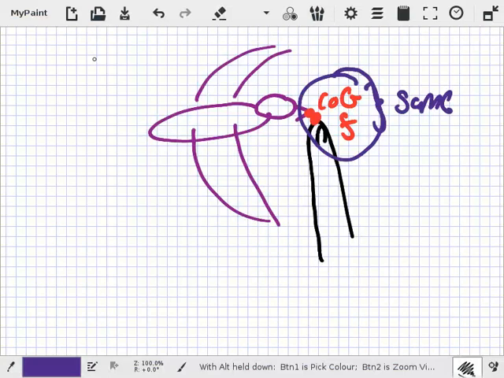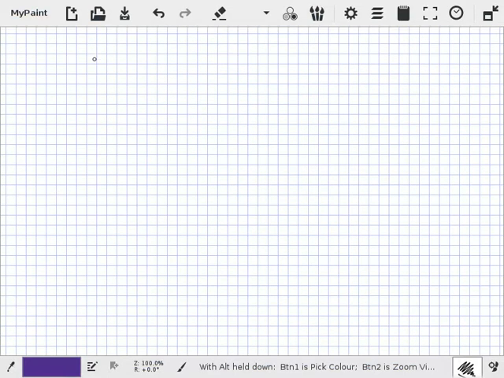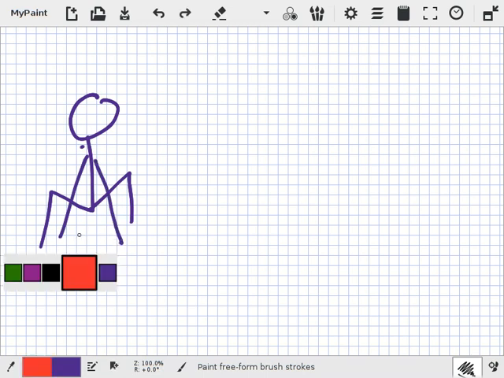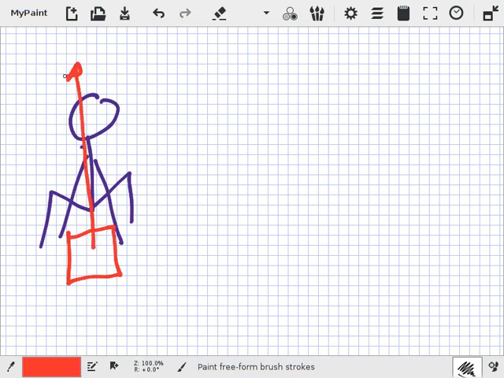So I'll try and draw a little picture here maybe. These pictures are different. So let's see, we'll draw our stick man. He's lifting something up here. So he's trying to pull this up, okay?